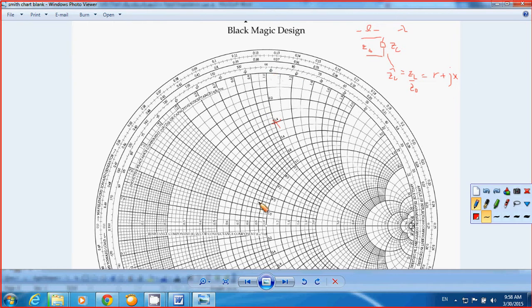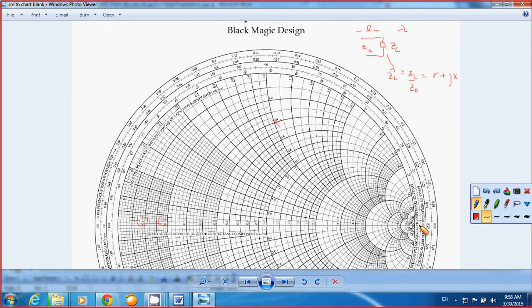And then you see the circles here, 0.1 circle, 0.2 circle, that represent resistance R, or the real part. Starting from the left, you're going to have your R be 0. You can see this is a small number and it starts increasing when you move to the right.